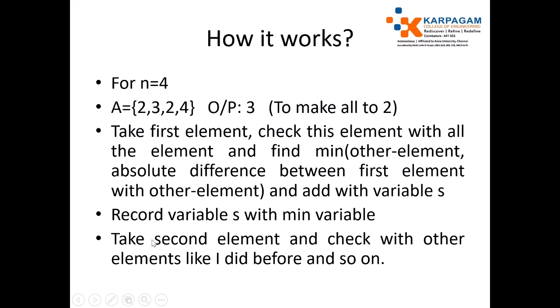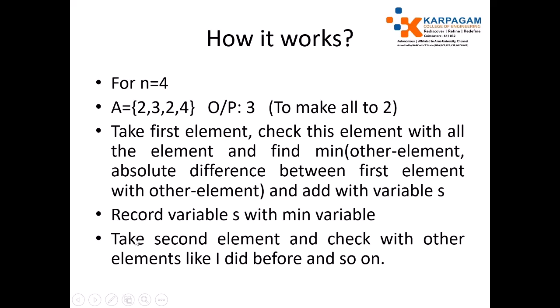In a similar way, we are finding the minimum of the other element and the absolute difference between the first element and the other element by using the loop. Okay. So the number of operations required to convert other elements to 2 will be recorded in the first outer pass.